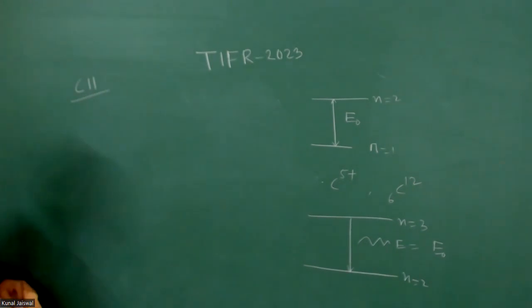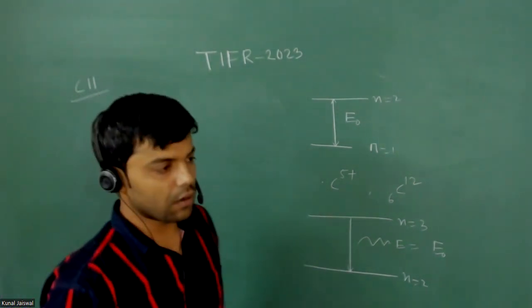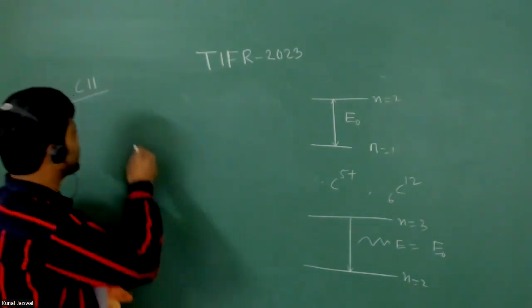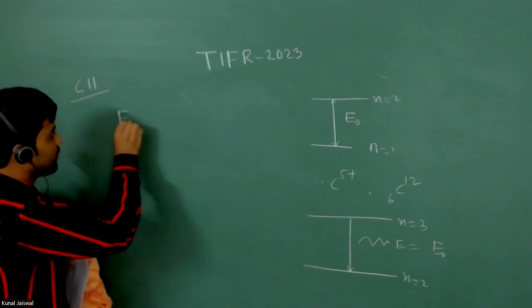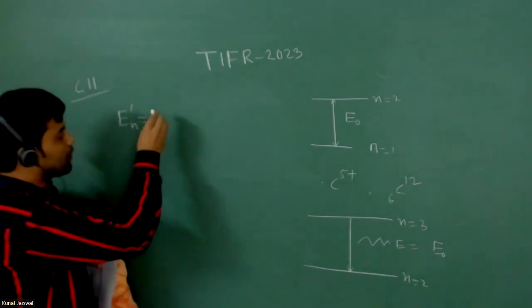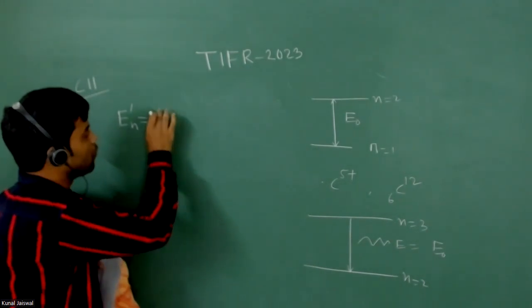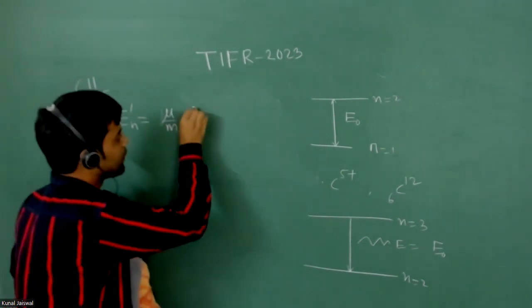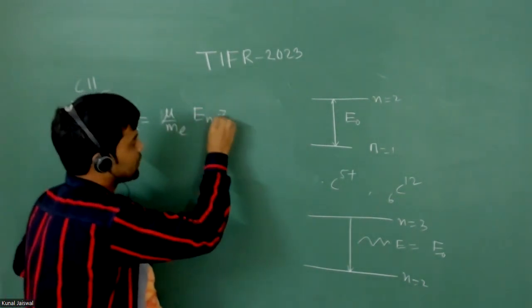Now, if you include the effect of finite nuclear mass in Bohr's model, the energy of the nth state will be mu by me times En into Z square.